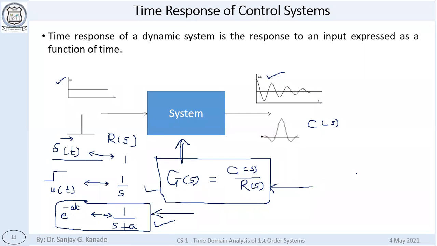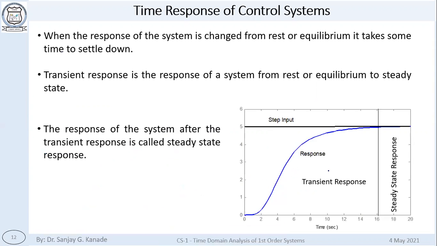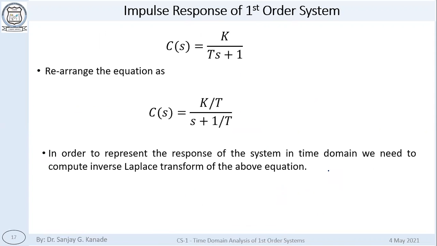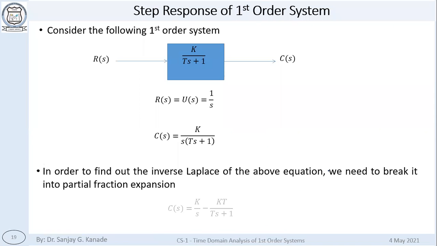So whatever the value of R of S you are going to substitute, it will play a role in the value of G of S. So if the input is delta of t, means R of S is 1. Obviously, G of S is equal to C of S, means the impulse response, right? The Laplace transform of the impulse response is nothing but the transfer function. So that is what we have seen yesterday also and today also. Okay.